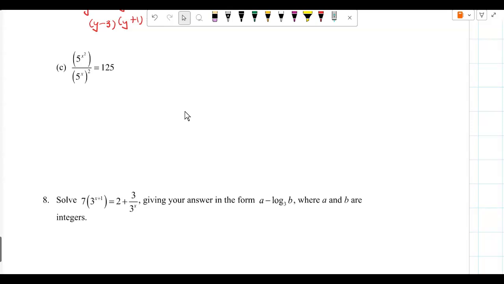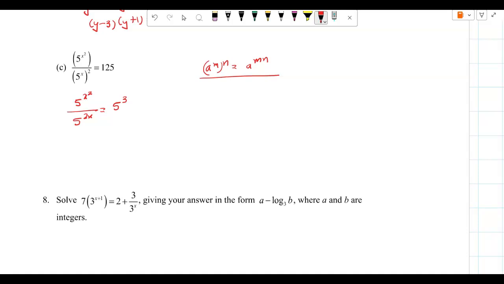5 raised to x squared upon 5 raised to 2x is equal to 5 cubed. Why do you make it 2x again? You use the rule (a^m)^n is a^(mn).